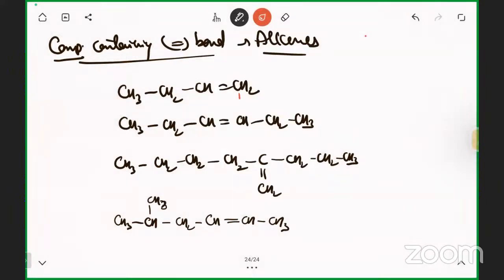See, 4 carbons are present: 1, 2, 3, 4. 4 carbon means but. And double bond is present, then you would use the suffix "-ene". On the first position, double bond is present, so you'll add 1: 1-butene. Clear?